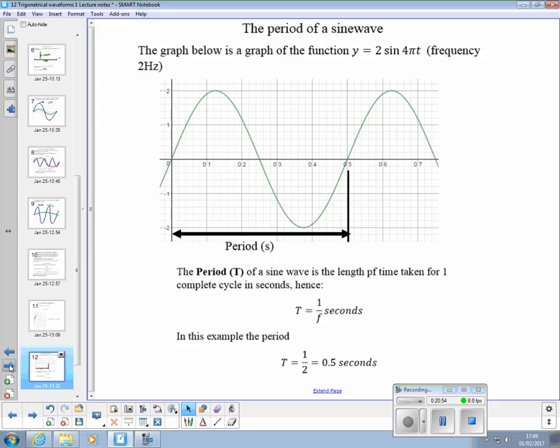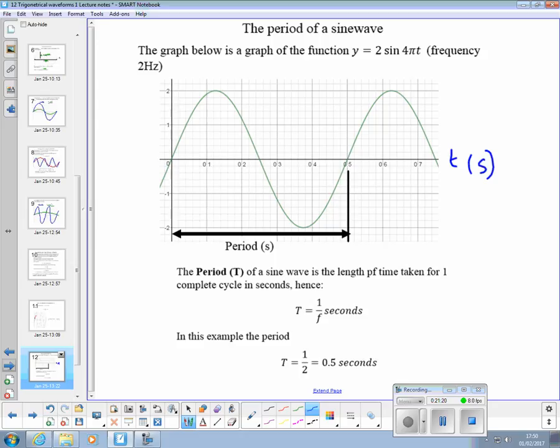The period is the time taken in seconds for one cycle. So now we've got our x-axis being t in seconds. We have a period for one waveform in seconds. This is a frequency of 2 hertz. It's going to do 2 cycles in 1 second.